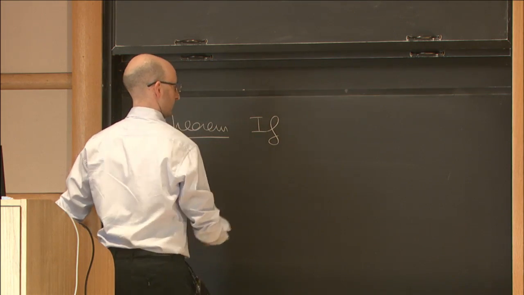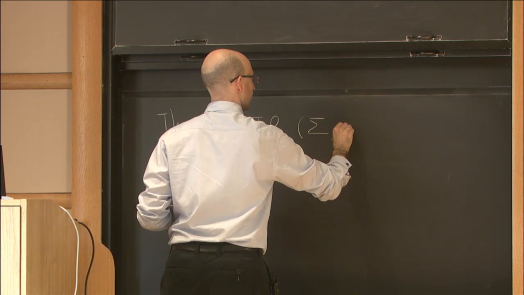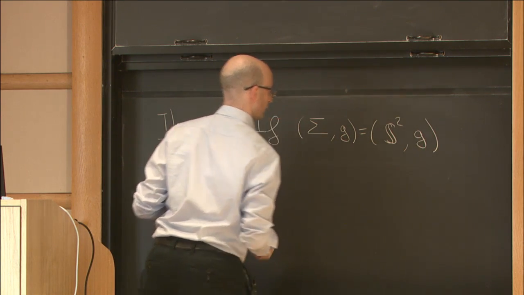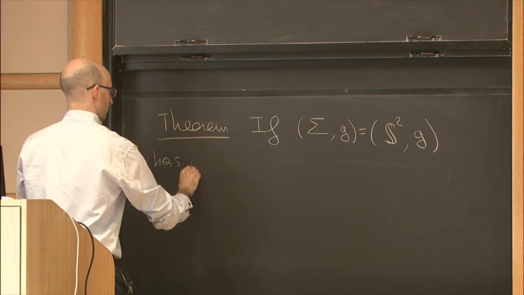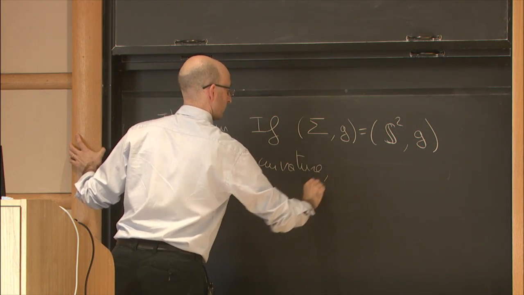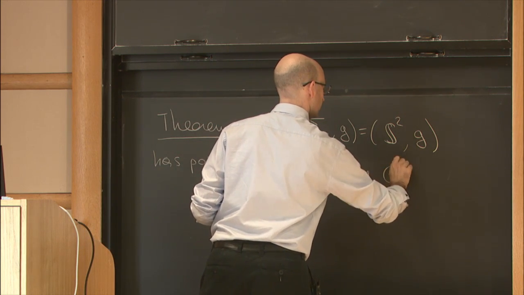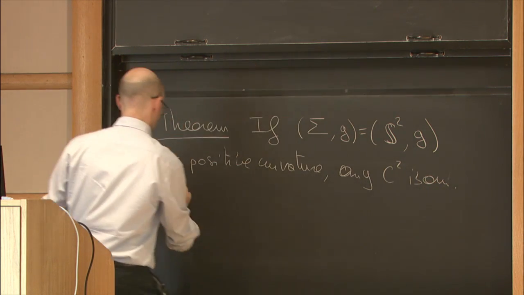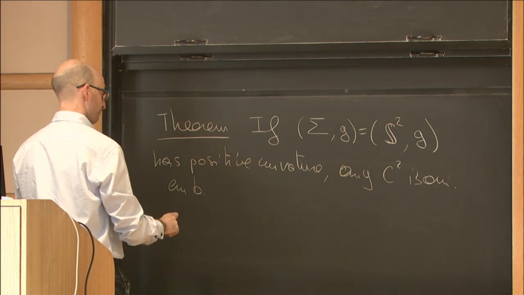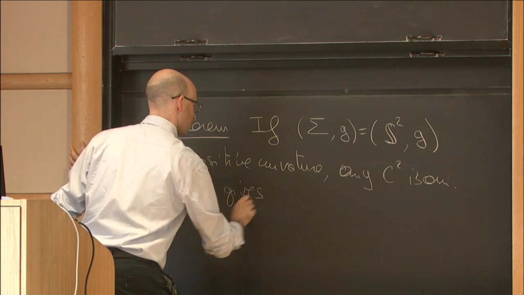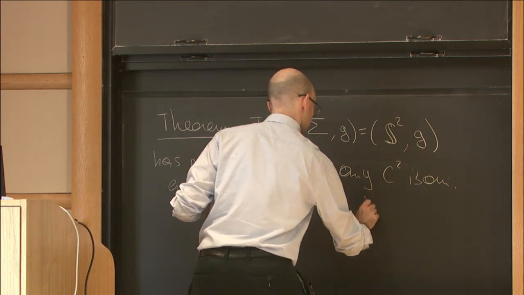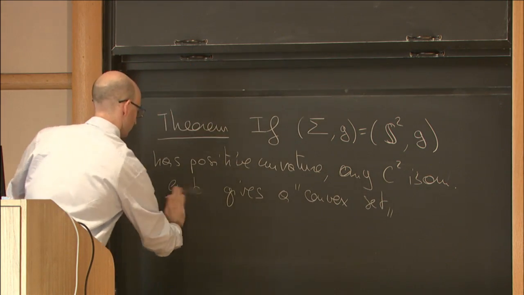So if, say, I give you a manifold sigma g, which is actually the standard sphere with a metric of positive curvature, any C2 isometric embedding, even immersion, but let us stick with embedding, gives a convex set, isometric embedding in R3.